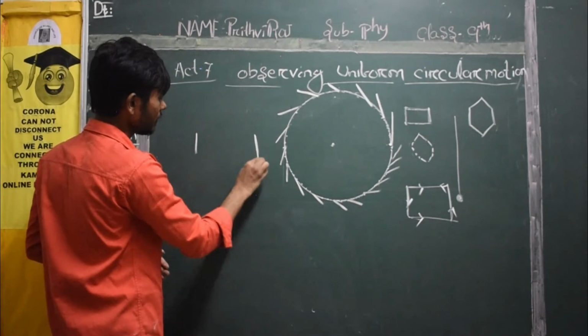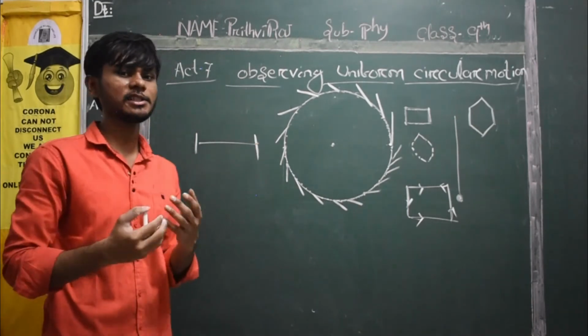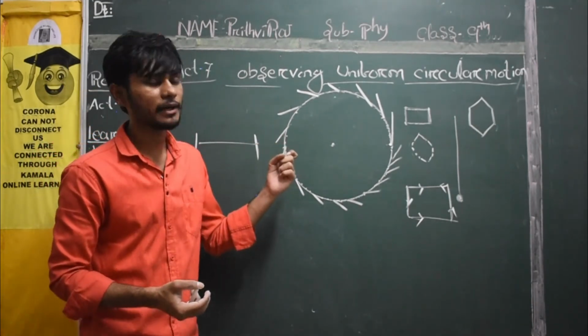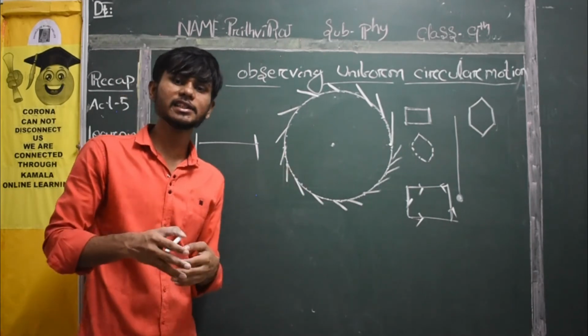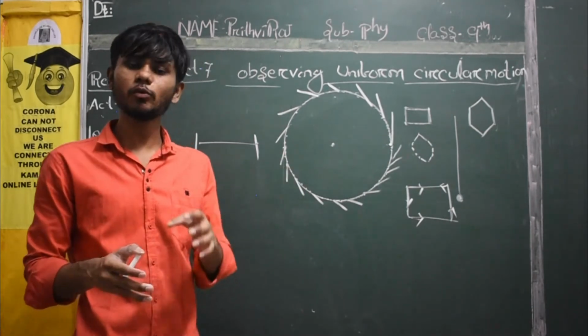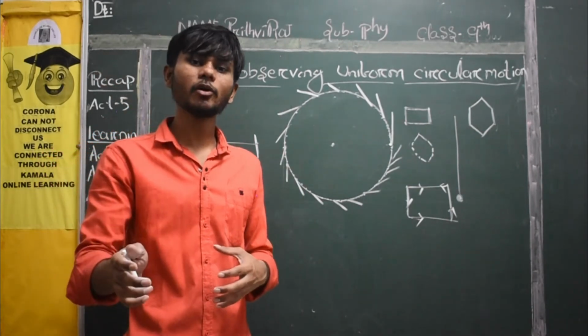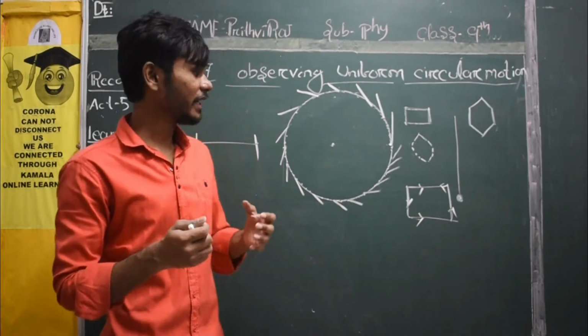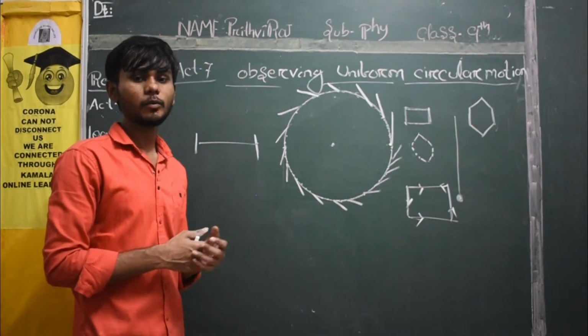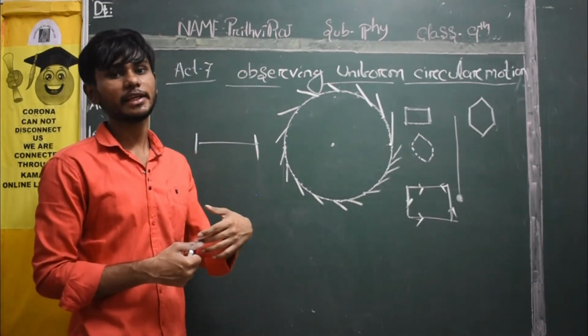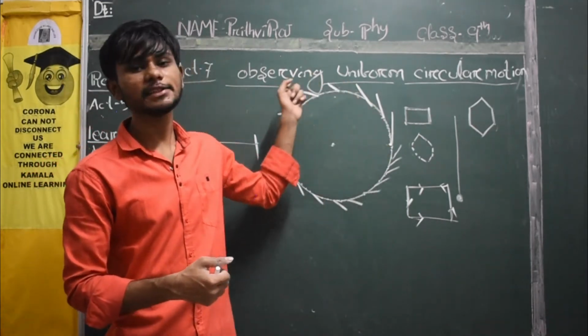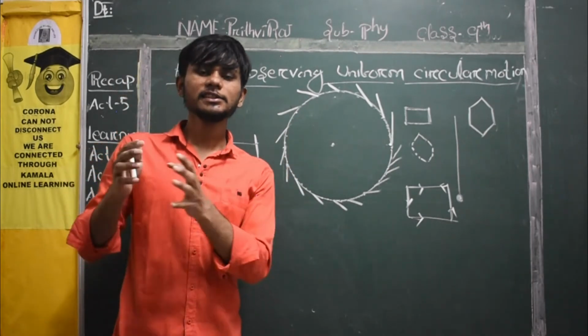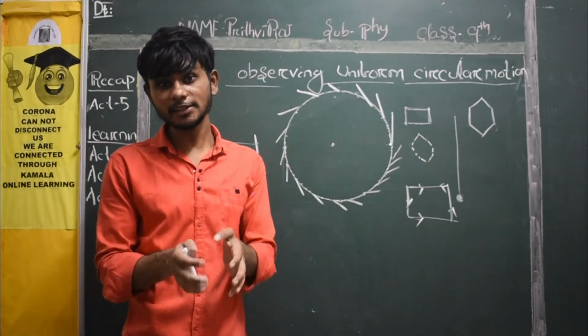But here, at each and every point direction changes. If direction changes, that won't be called displacement. That will be called distance. And distance comprises speed, whereas displacement comprises velocity. Here displacement is changing at each and every point, so velocity changes, whereas speed is similar.